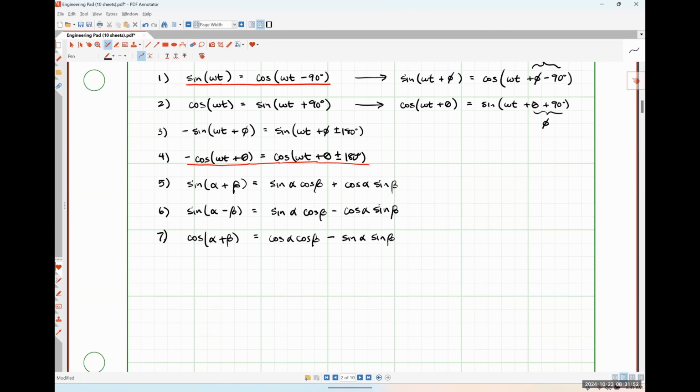Cosine of alpha plus beta should have a negative sign on the right-hand side of the equal sign. And then lastly, for these guys, cosine of alpha minus beta is cosine alpha cosine beta plus sine alpha sine beta.